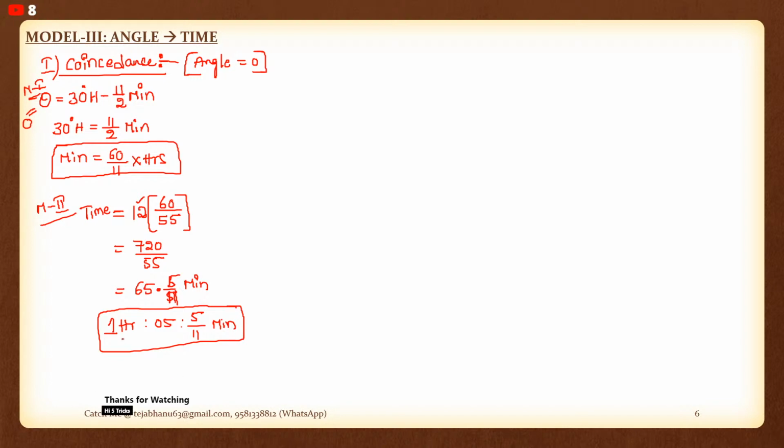1 hour consists of 60 minutes. 60, remaining 5 minutes extra, 5 by 11 minutes.